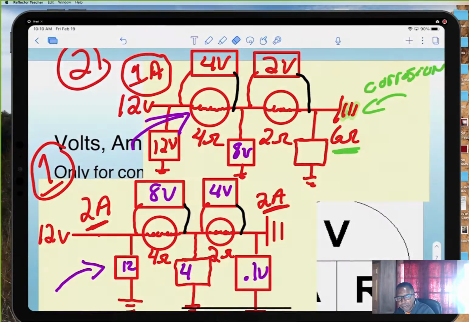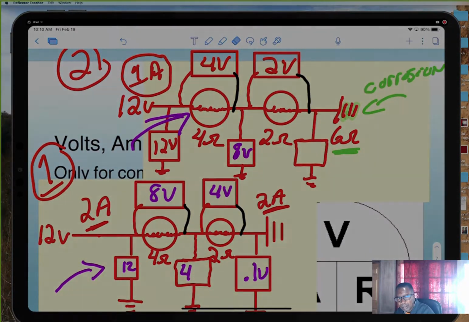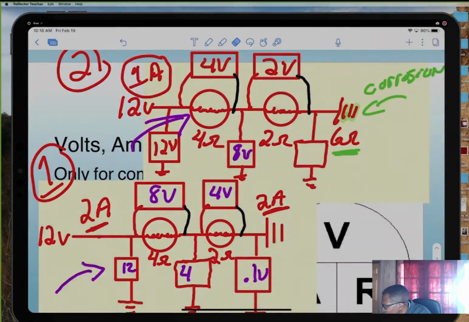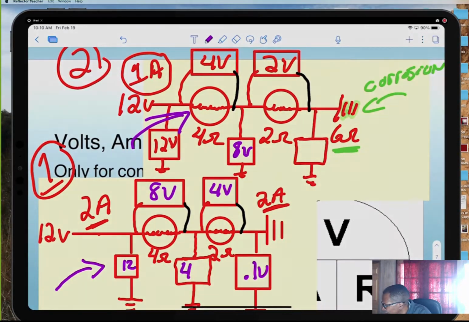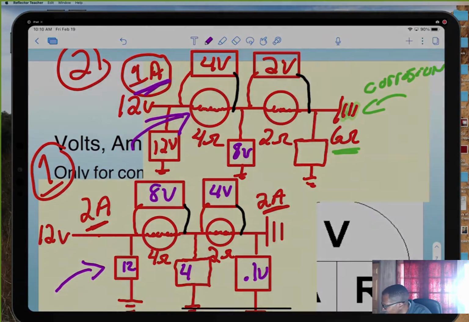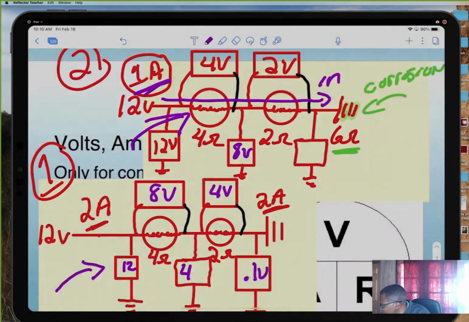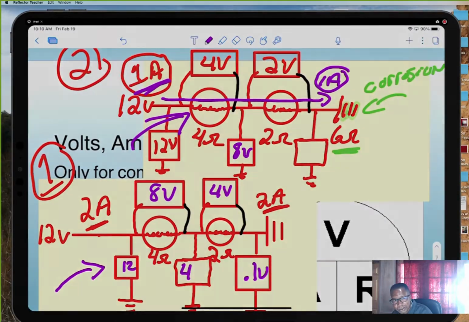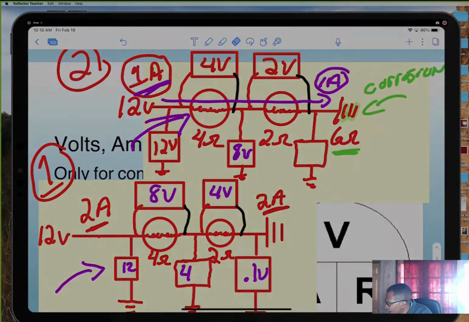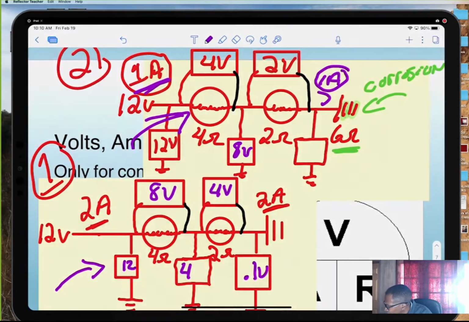Now, why at the bottom do we get 4? Oh, that's a good question. We had this 1 amp here, 1 amp in a series circuit. So you got 1 amp flowing through this whole circuit back to ground like we talked about before. So 1 amp going through that first load. 1 times 4 is 4.